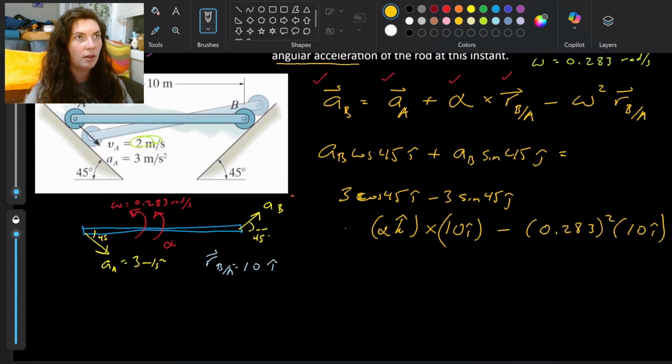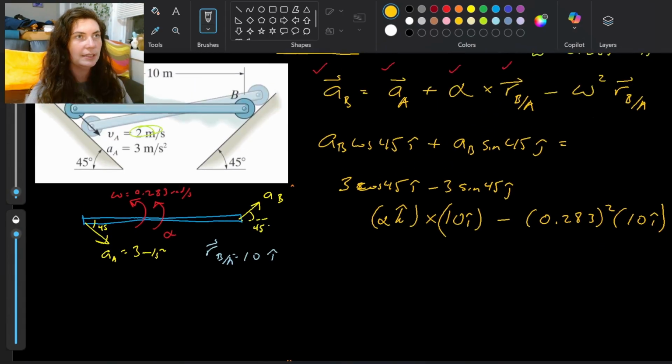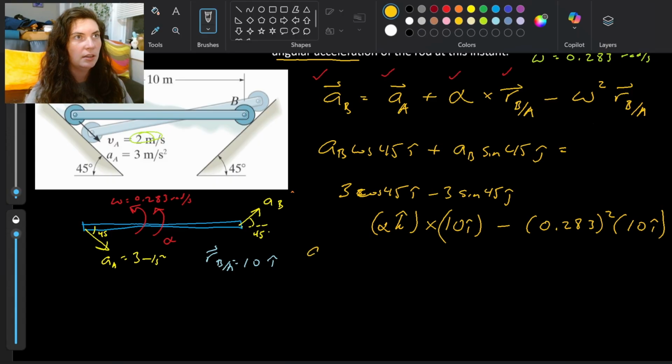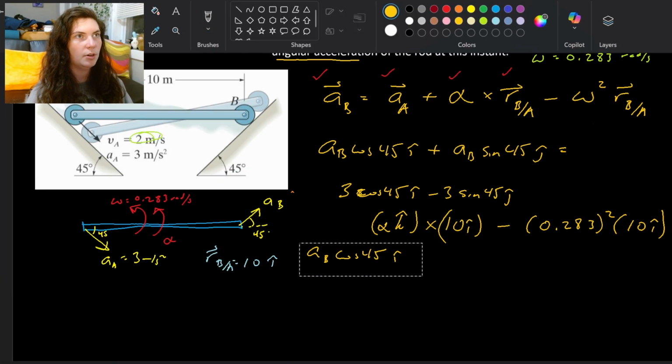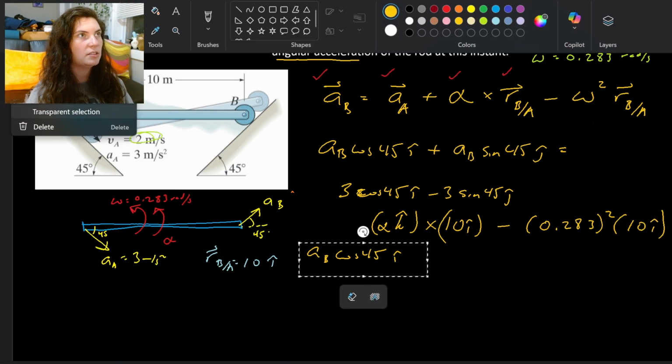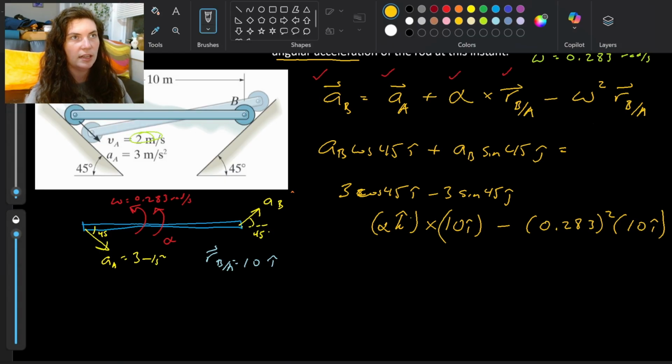If I write everything out, I can do this somewhere, right? I don't know that I have enough room. That's okay. AB cosine 45 i hat. You know what, I'm not going to write this all out again. I'm going to write just everything to the right of the equal sign again so I can simplify this stuff down here. So equals 3 cosine 45 i hat minus 3 sine 45 j hat.